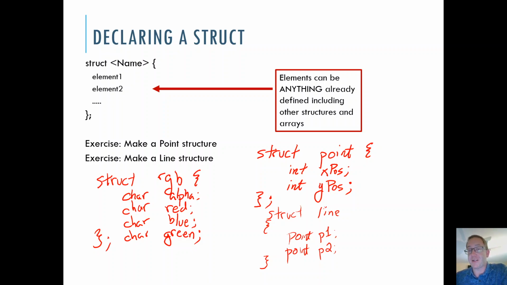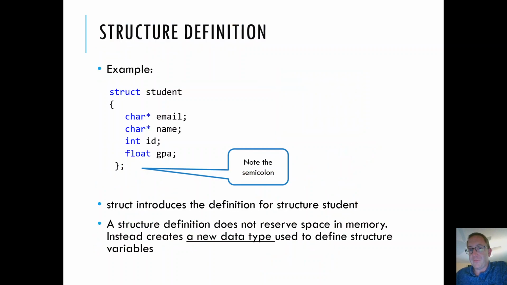All the struct says is this new data type that we're going to have is just a bundling together, an aggregation of existing data types that we have, so that when you pass in a point, you pass in the 2 integers. I only need to pass in one variable, the point, but it automatically has 2 integers inside of it. Okay. So again, note the semicolon at the very, very end.